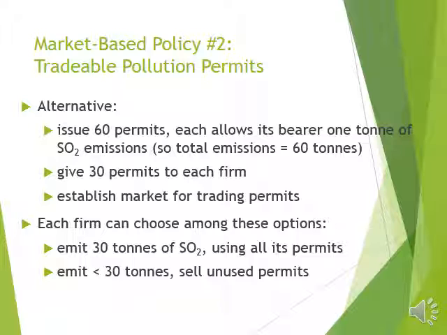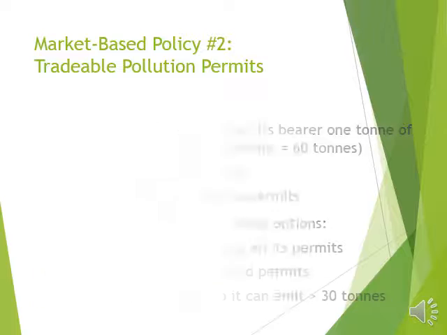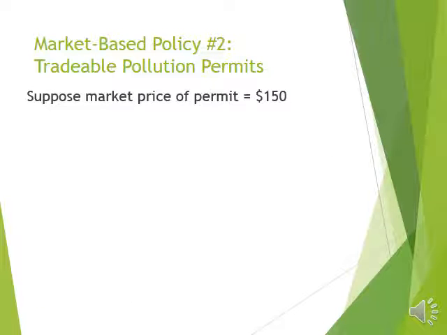Or they can emit less than 30 tonnes and sell unused permits to a company that is polluting more. Or if they're emitting more than 30 tonnes, they can buy additional permits so that they can emit more. So let's look at that example.